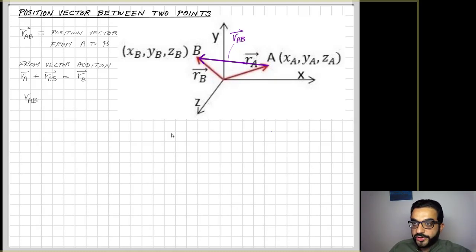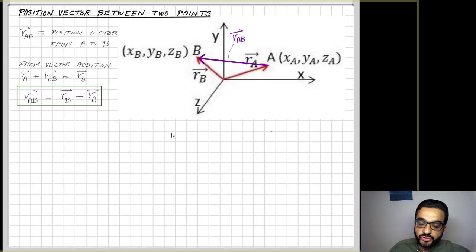Now we can rearrange the equation and say R_AB is equal to R_B minus R_A. So a position vector from a starting point to an ending point is equal to the position vector of the ending point minus the position vector of the starting point. That's the definition of a position vector and how the formula works.